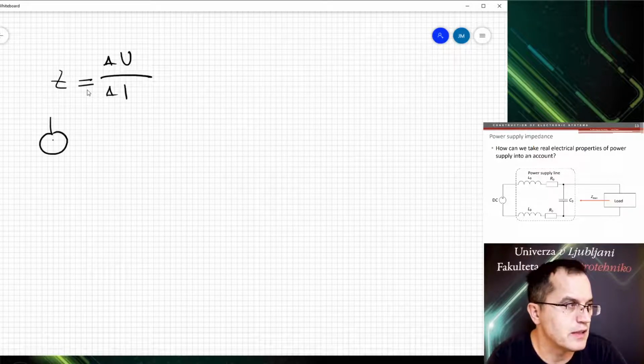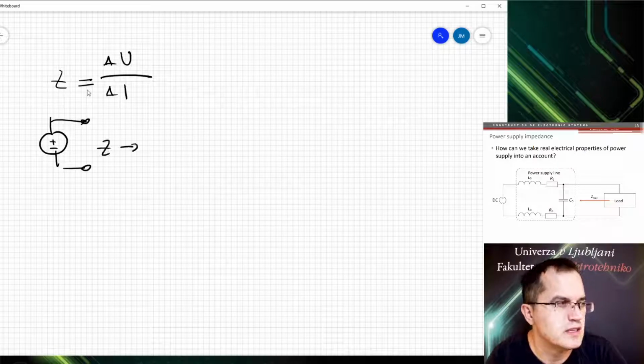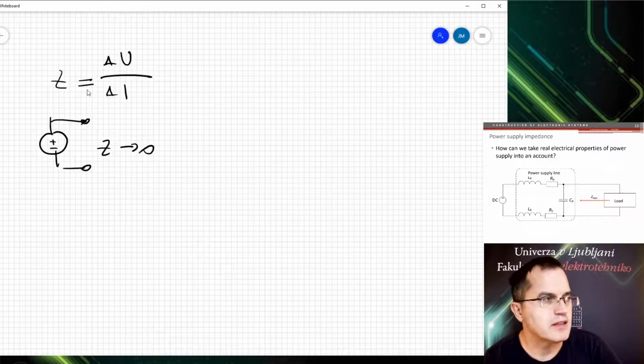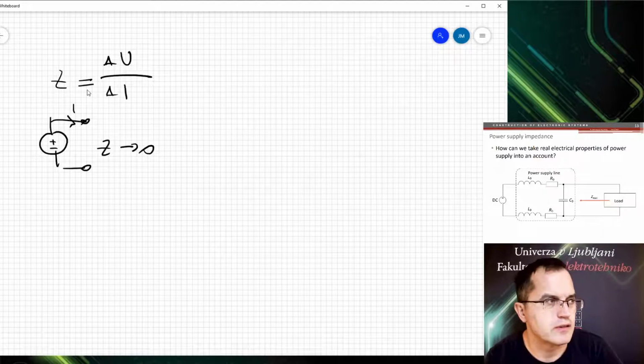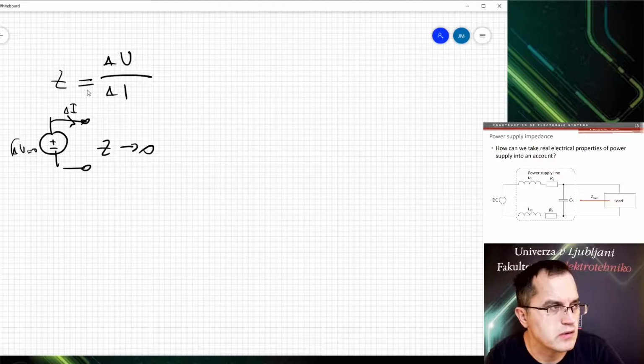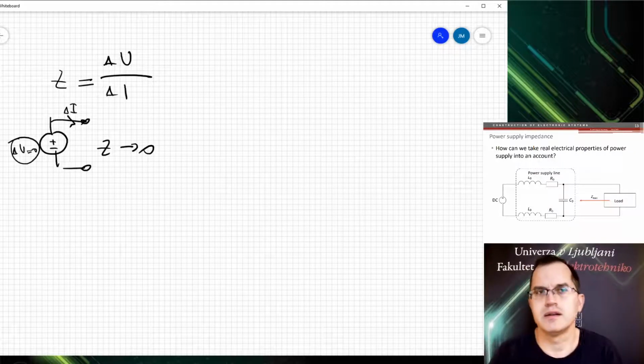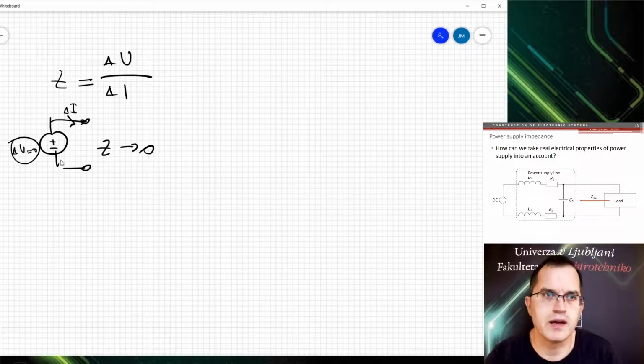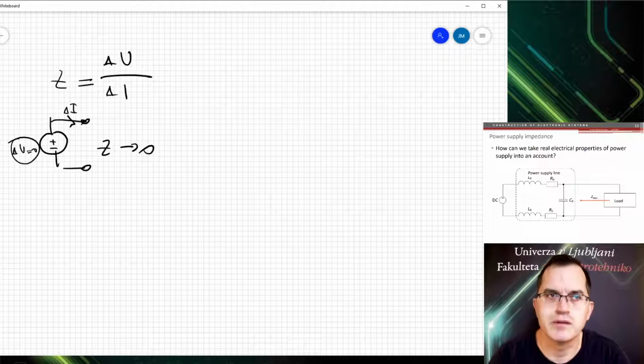And incremental impedance of an ideal voltage source should be 0. So regardless of the current that is taken from the power supply, the voltage change should be 0, because our voltage supply is ideal. So the output voltage is constant. The voltage change is 0.